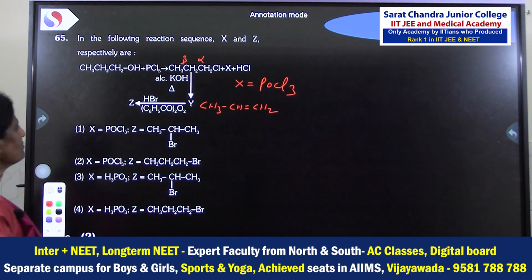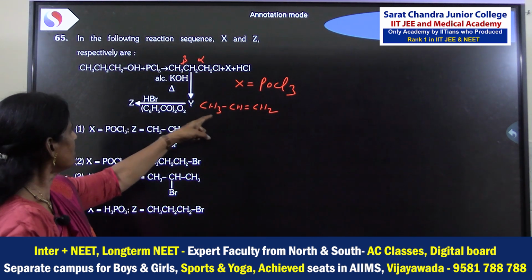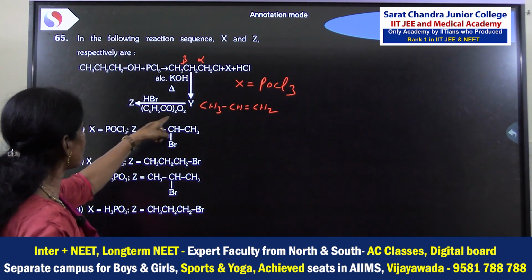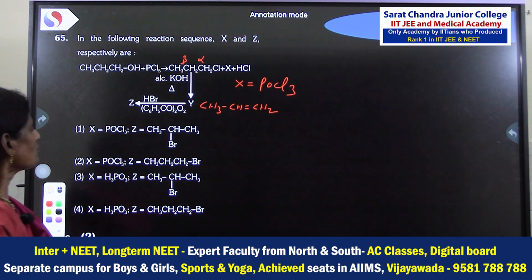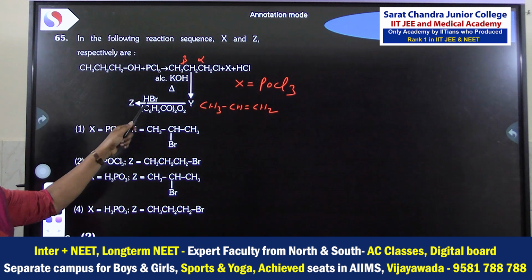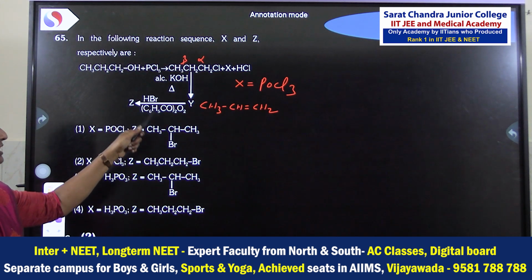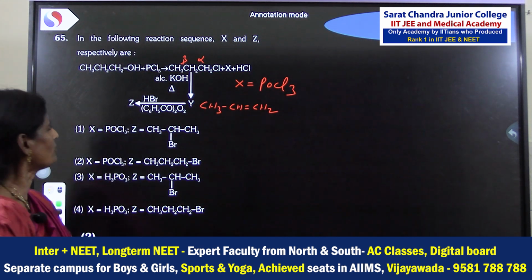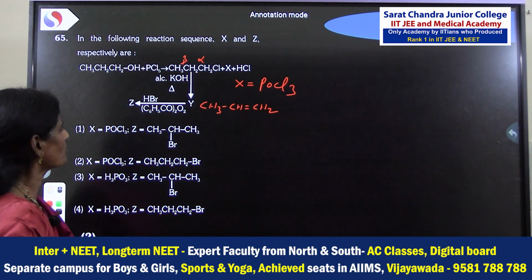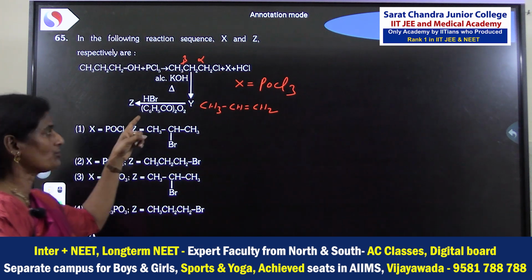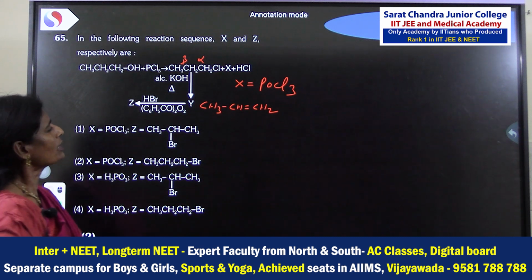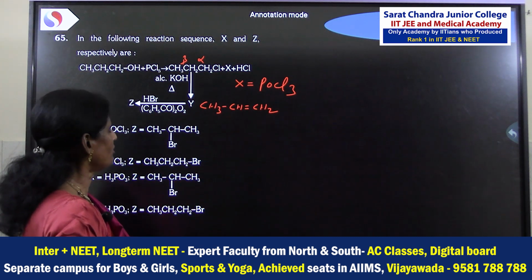So propene. And when this propene is treated with hydrogen bromide HBr in the presence of benzoyl peroxide, it is a free radical addition reaction. Free radical addition follows anti-Markovnikov's rule. Anti-Markovnikov's rule means the negative part of the reagent is attached to the carbon with more number of hydrogens.